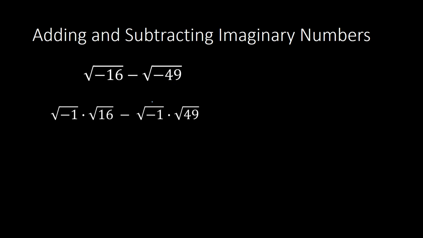And the square root of negative 49 I could break up as a square root of negative 1 times the square root of positive 49. And the square root of negative 1 we know as i, so we have i here and here. And the square root of 16 is 4, and the square root of 49 would give you 7. So what I have is 4i minus 7i, which can then combine to give me a negative 3i. And that is my solution.